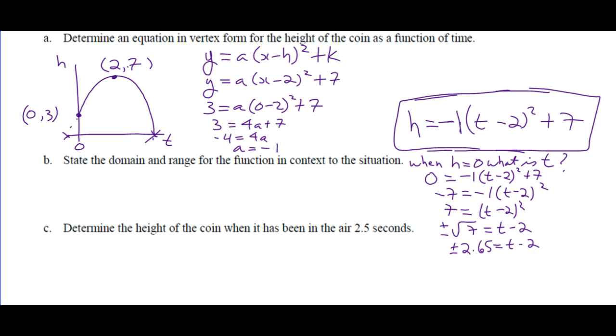But without the context, if I had just given you these numbers and said there's a parabola that goes through 0, 3 and hits 2, 7, what's its equation, or what are the x-intercepts, you'd have to do the plus and the minus. You have to realize there's two of them. But for our context, we only use 2.65. So t is equal to, we're going to add 2 to both sides, 4.65.